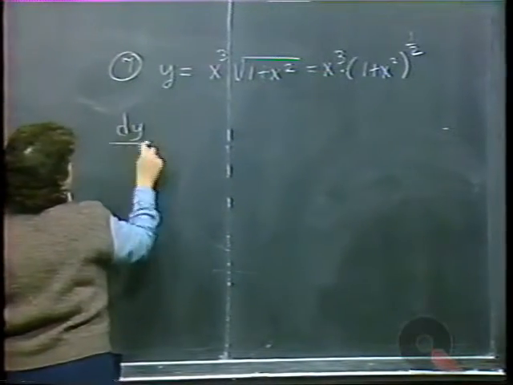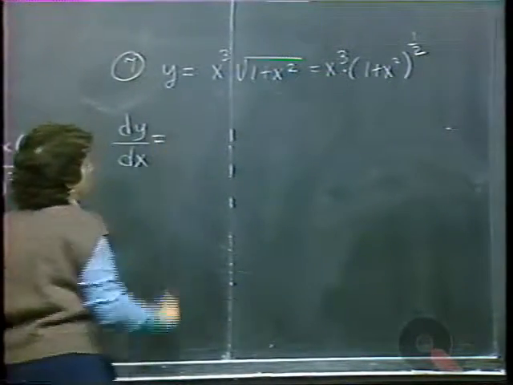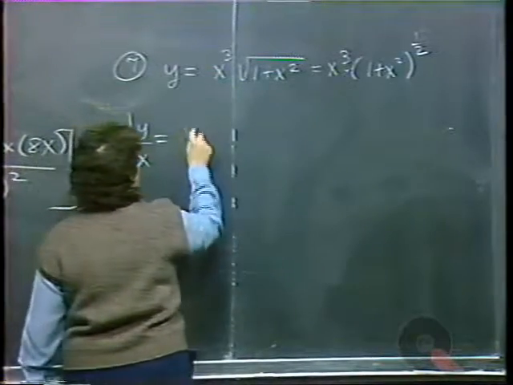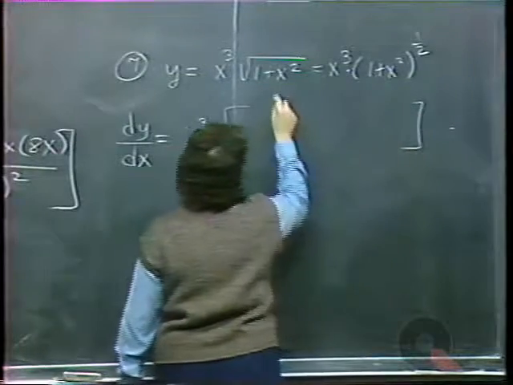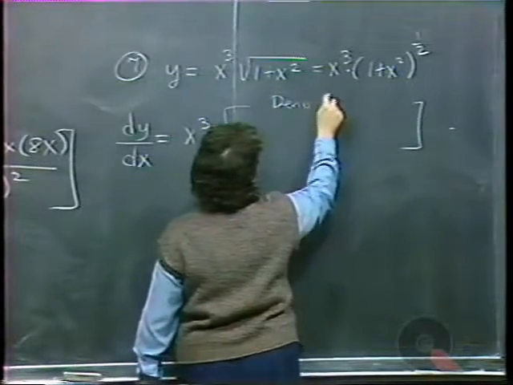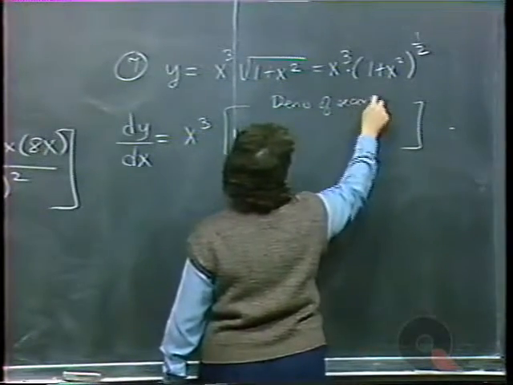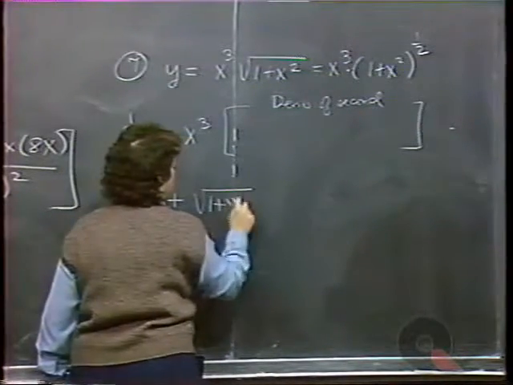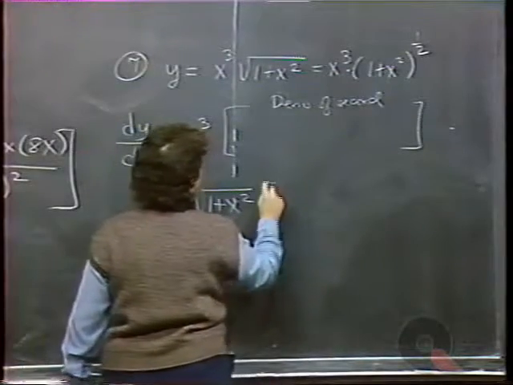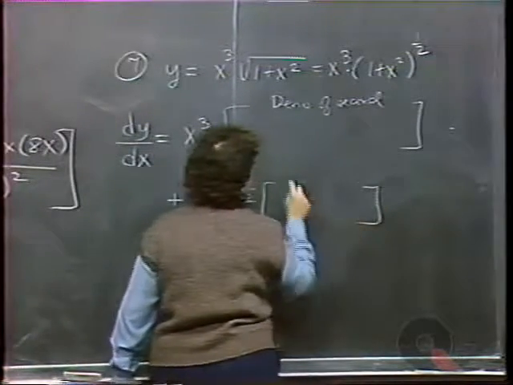To get the derivative, we will use the product rule. It will be the first times the derivative of the second plus the second, the square root of 1 plus x squared, times the derivative of the first.